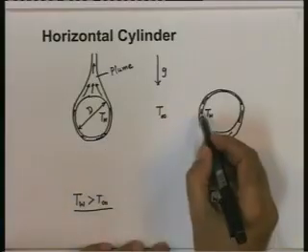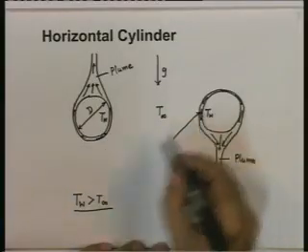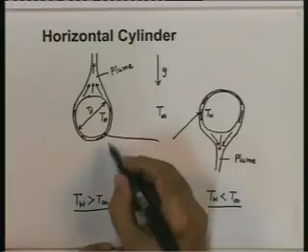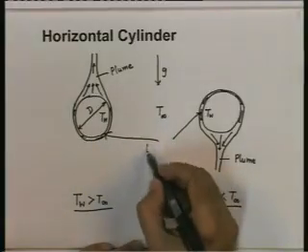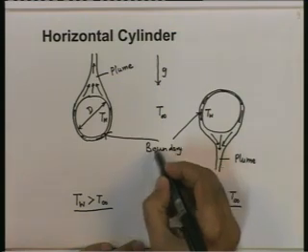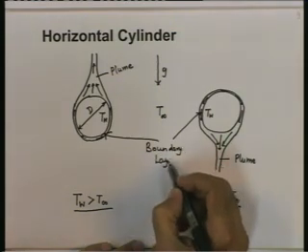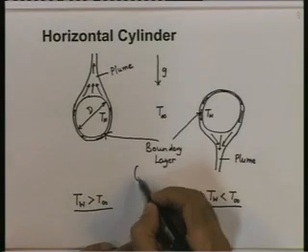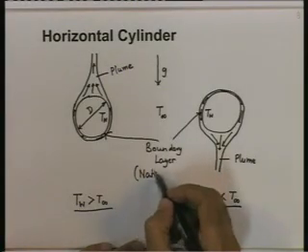Here as well as here, we have the boundary layer caused by natural convection.